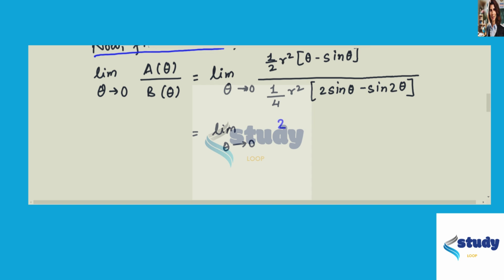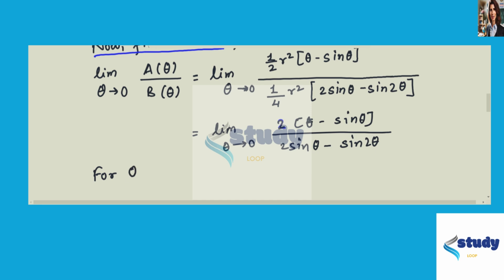How? Let us solve first. This is 2 theta minus sin theta, divided by 2 sin theta minus sin 2 theta. If we put theta equals to 0 in both the numerator and denominator, it becomes 0 by 0 form.